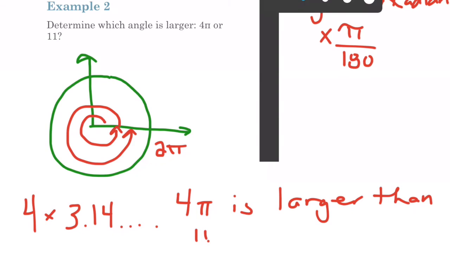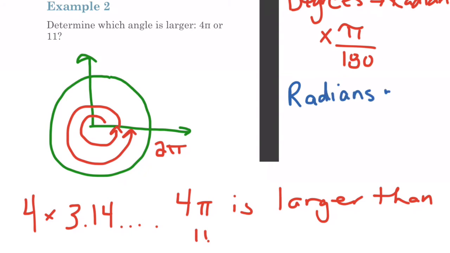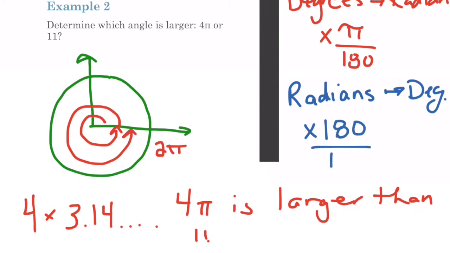Okay, and then if you wanted to go the other way around, convert radians to degrees, what you're going to do is the opposite. You're going to multiply by 180 and then divide by pi. Okay, so those are the two equations that you can use if a question is asking you to find the actual amounts.